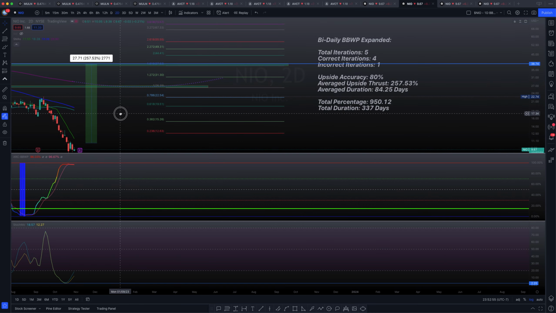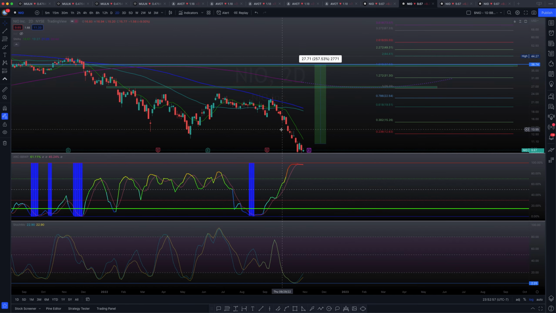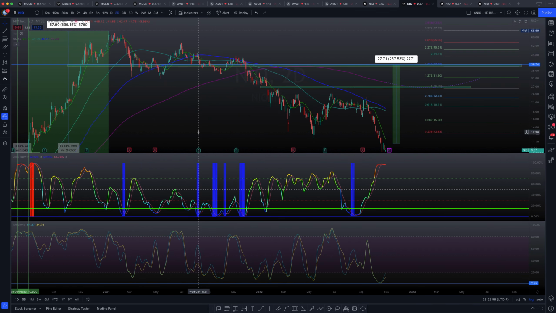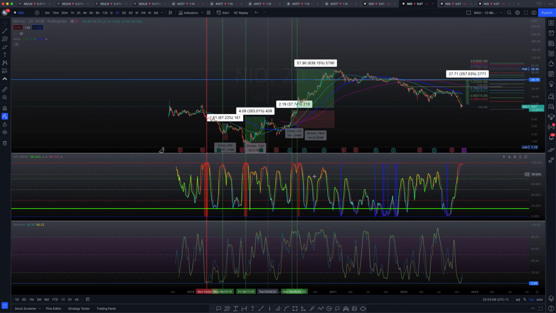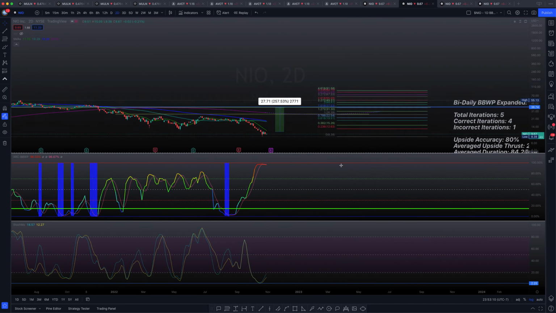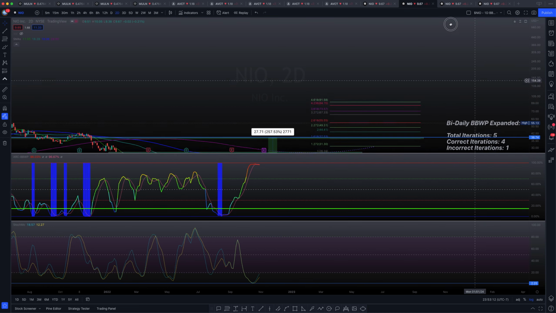Now, here are the metrics based on every time we have reversed from critical expansive highs, you guys. I've taken note of every single iteration that has happened, and this is a back test done by hand, you guys, so that I can provide it for you.